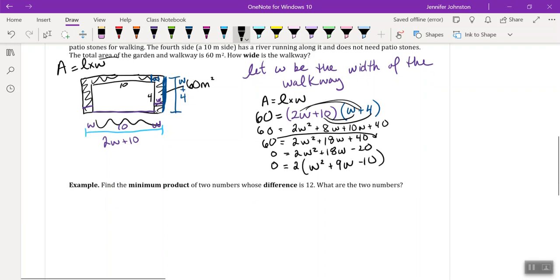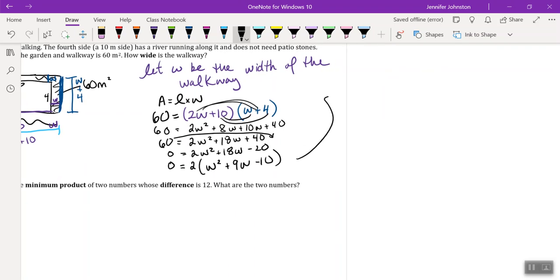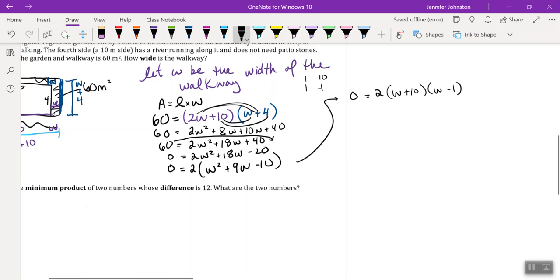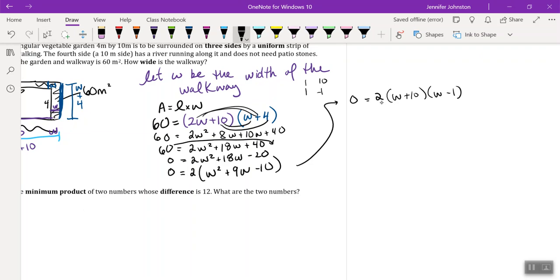Alright, and from there, let's factor that. So we get 0 is equal to 2, and w, which is 1 and 1, and 10, which is 10 and 1, can give us 9 by doing 10 minus 1. So we have w plus 10 and w minus 1 for our two factors.